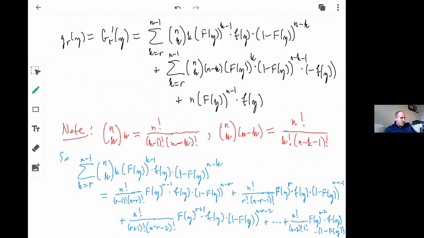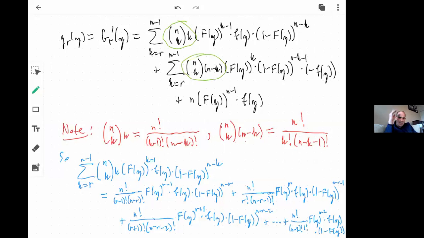Now, what I've done here is I've made a couple of notes, because we keep seeing this term right here, n choose k times k, and we see this term right here. So in this note, I've said, look, if you just write out the formula for n choose k, there's a factor of k that's going to cancel.